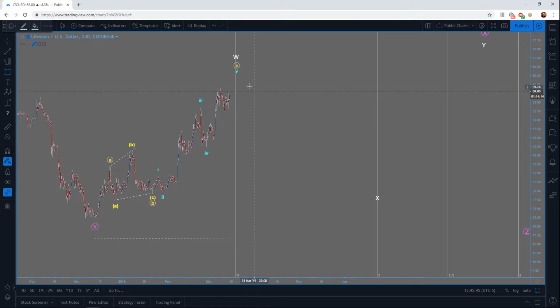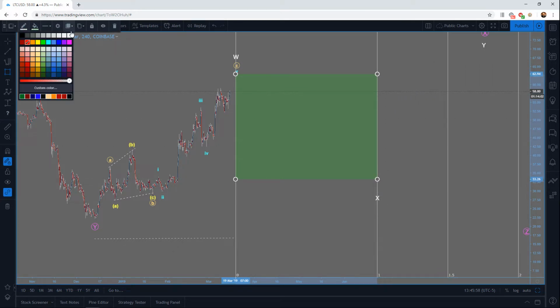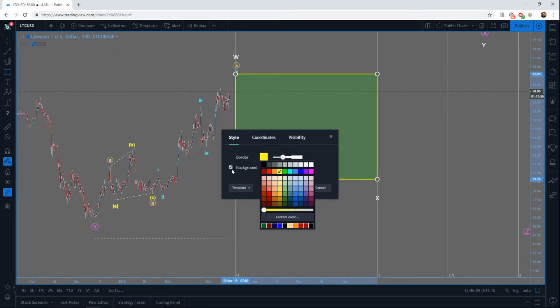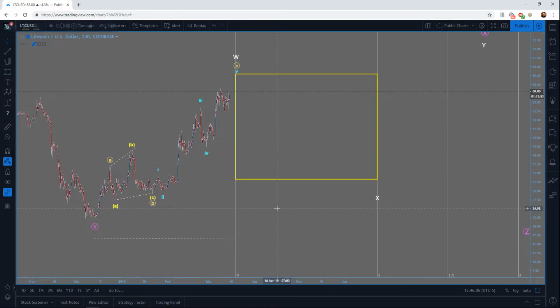So what I'm expecting on Litecoin, once we complete this next move, is an absolutely massive range like this, and possibly longer. In fact, probably longer. The X wave would be very complicated.